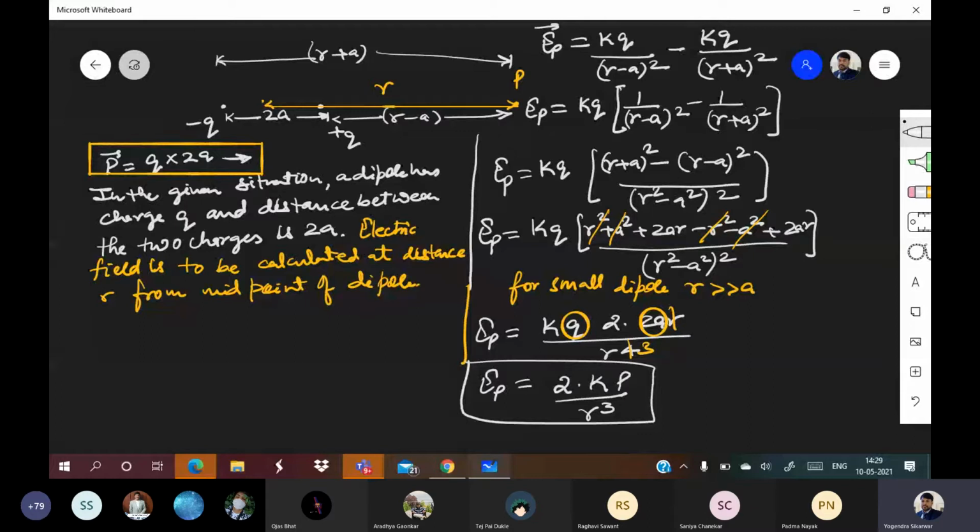And after that I said that value of r is much greater than a. So if r is much greater than a, r square will be much greater than a square. That means I can neglect a square, I can dump it, and if I can dump it, the square of r square will be r to the power 4.